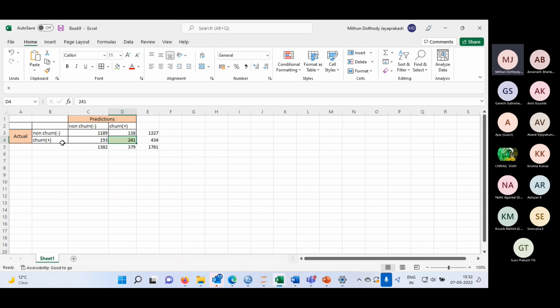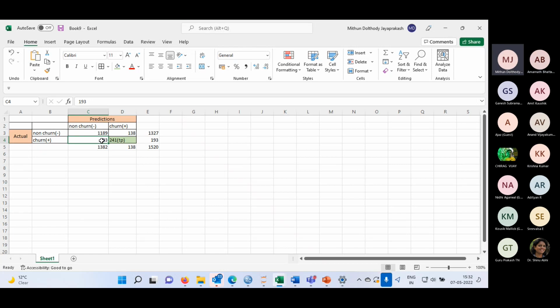It is called true positive. The adjective true there means that the model has correctly classified churners as churners. Are you able to get this? So this number 241 within bracket, I'll just call this TP or true positive. Did you get this, guys? Everybody? Understood? Yes, no?